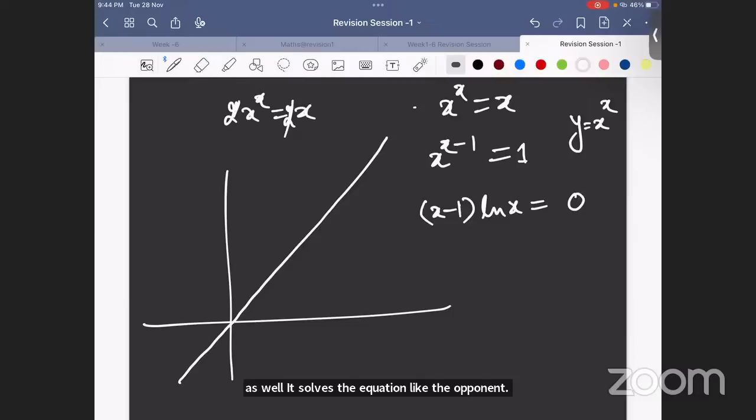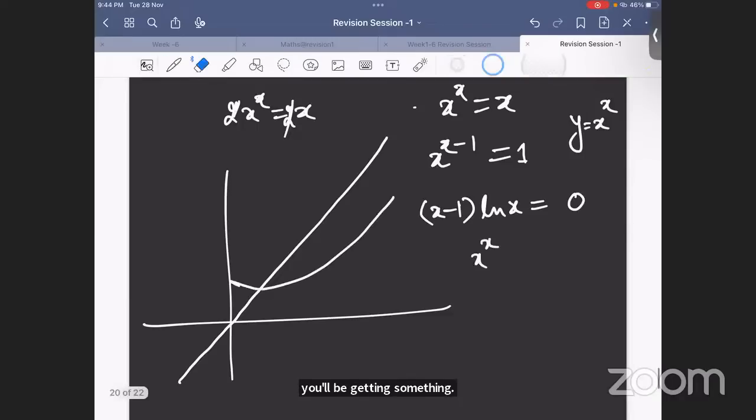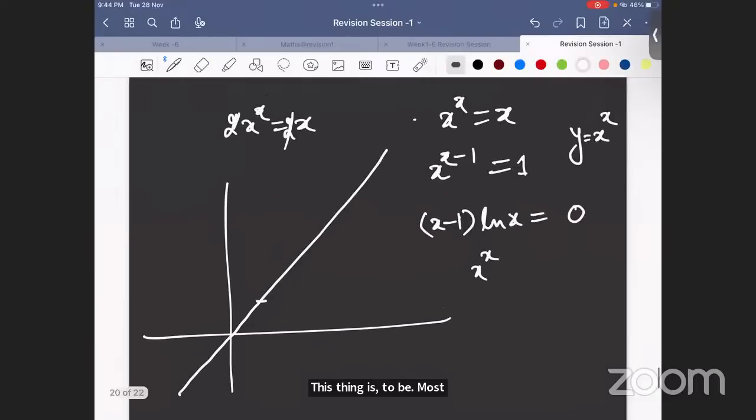If you're plotting x to the power x, you'll be getting something like this, I guess. At x equals to 1, it should be cutting y equals to x to the power x, somewhere here.